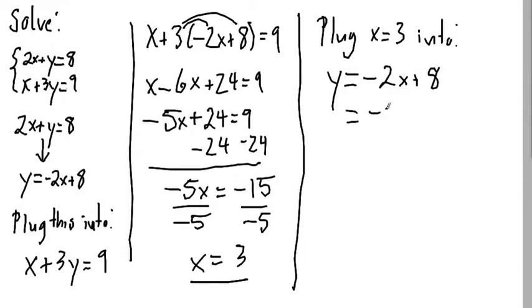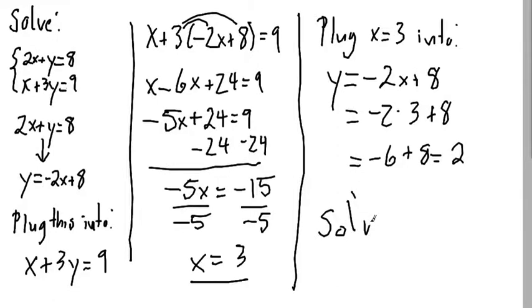And so this is negative 2 times 3 plus 8, which is negative 6 plus 8, and that is 2. And this gives us our solution, which I abbreviate as soln, is (3, 2).